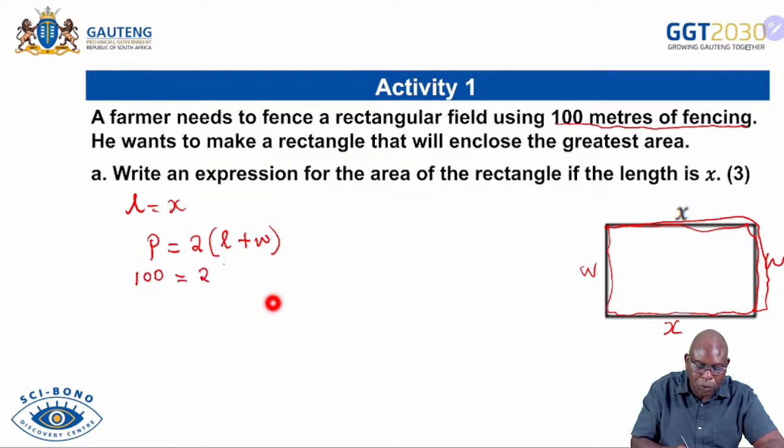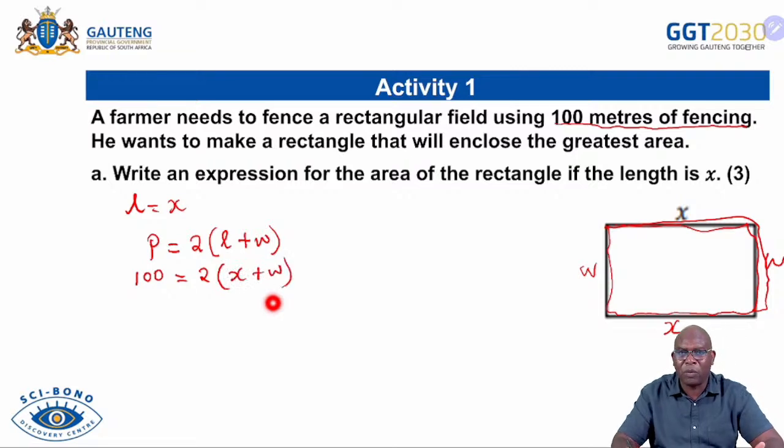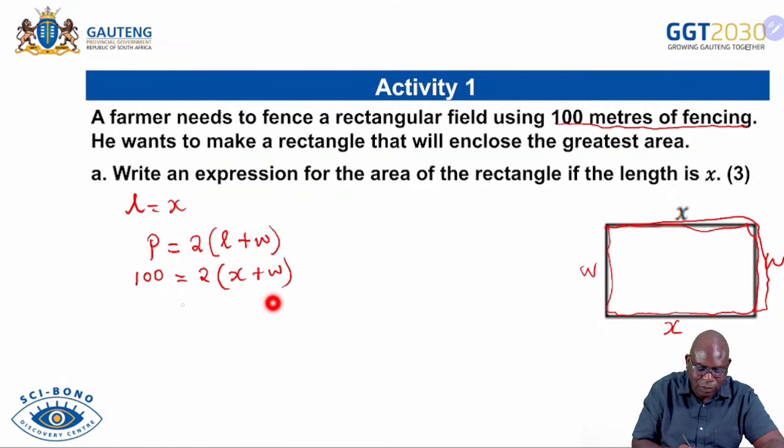I've got a 2, I've got a length which is x, but I need the width. I don't know what the width is. So I need to first write the width in terms of x, because I don't want any other thing there. So here, I've got 2 variables there, I just need 1 there. So what should I do there? Then I'm going to divide both sides by 2, which will give me 50 equals to, inside the bracket there, x plus the width.